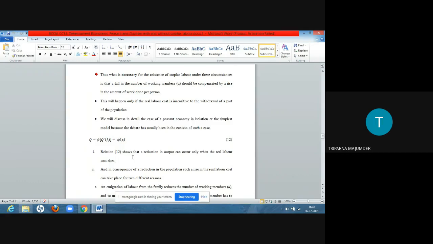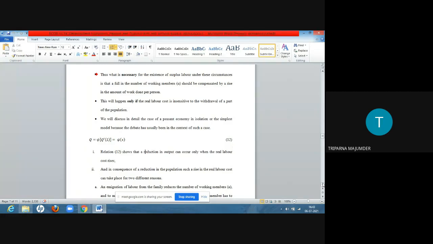Relation 12 shows that a reduction in output can only occur when real labor cost rises. When X rises, output will fall. We have seen this before in equation 12.